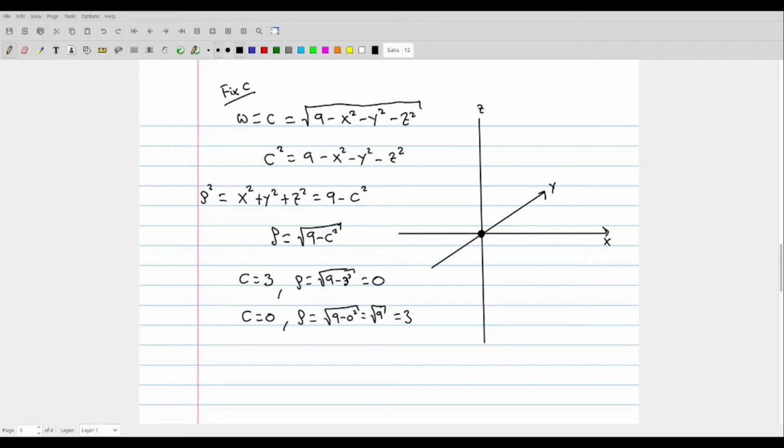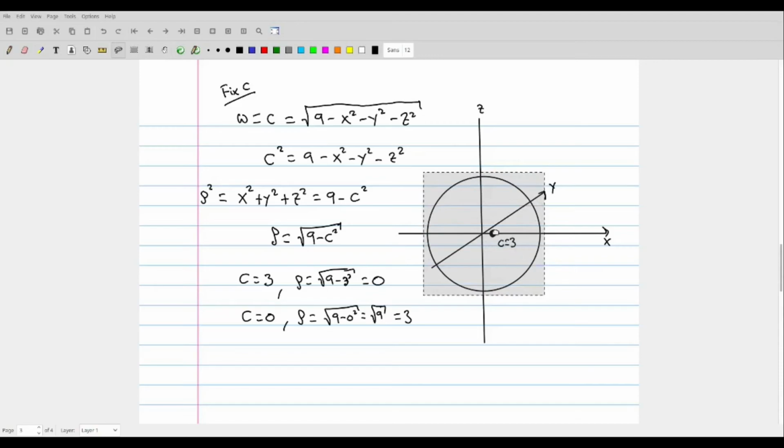So this corresponds to c equals 3, and then the value that corresponds to c equals 0 is this circle right here.